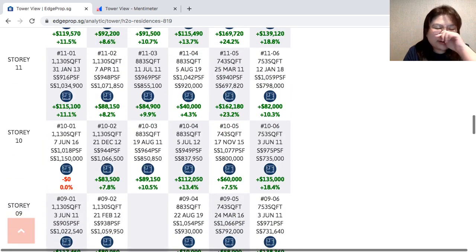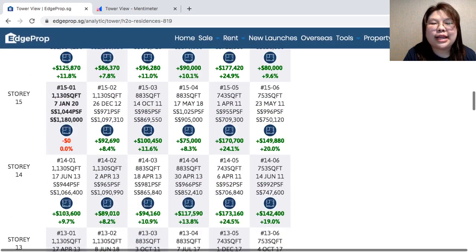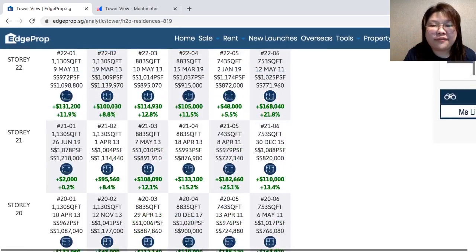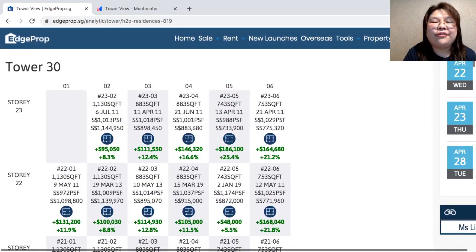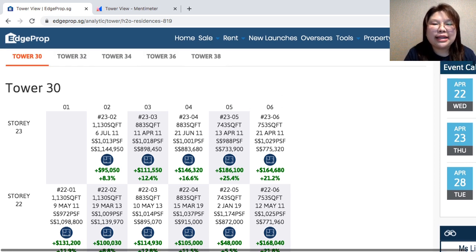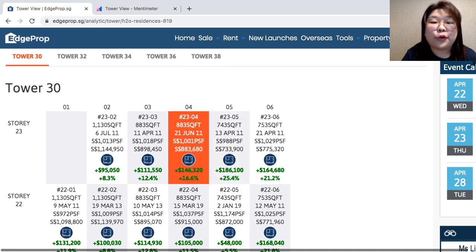In this case, these units either make a profit or loss if they were to sell in today's market. What we did here is based on the price they paid. For example, looking at 2304, this owner bought this unit at 883,680.